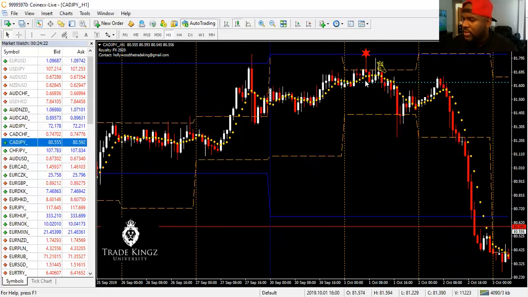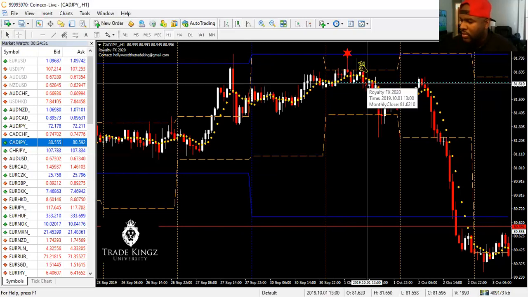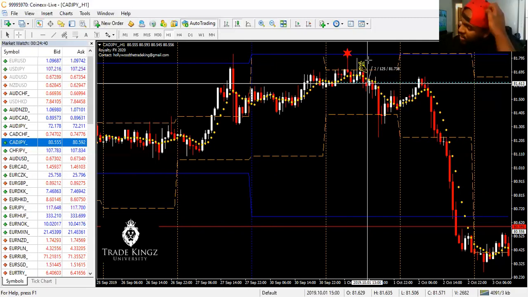Okay, we entered right here. Your stop loss, you can actually put it above the previous day high or above the star. Me personally, I like to put it above the star.